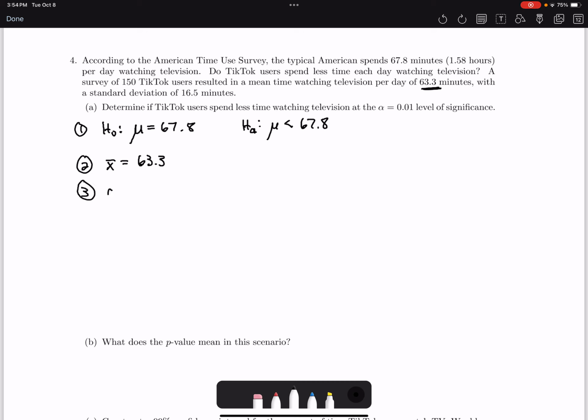We're going to once again go to Art of Stat. We'll have to enter the sample mean, the sample standard deviation, which we were told was 16.5, and the sample size. This was a survey of 150 TikTok users. So let's see what the p-value is.